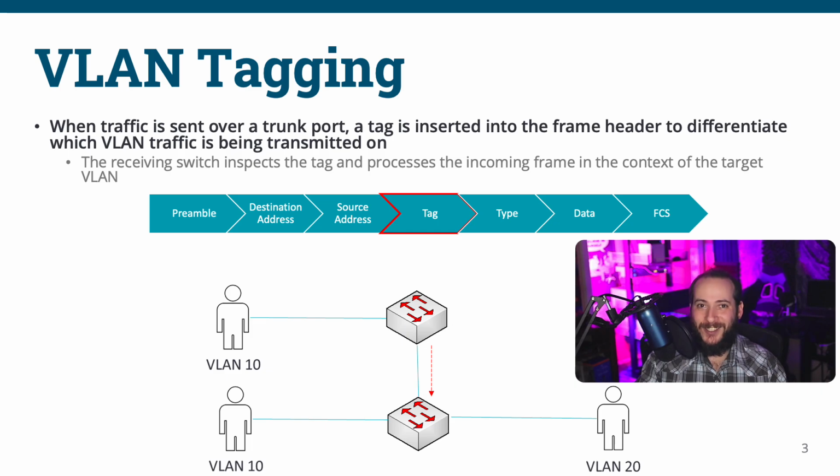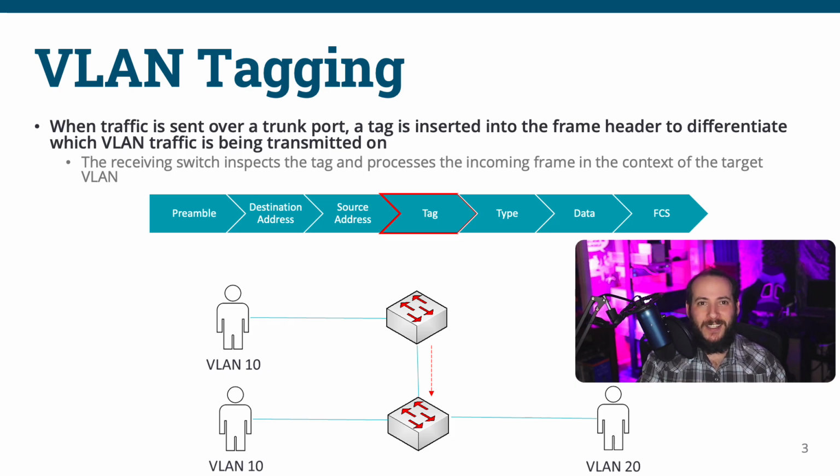VLAN tagging is done using a frame header field which is defined in the IEEE 802.1Q standard. Every transmitted frame across a tagged link will have this header set to the VLAN ID the frame is a member of. Recall, though, that ports may be configured as trunk ports or access ports, where access ports transmit untagged traffic.